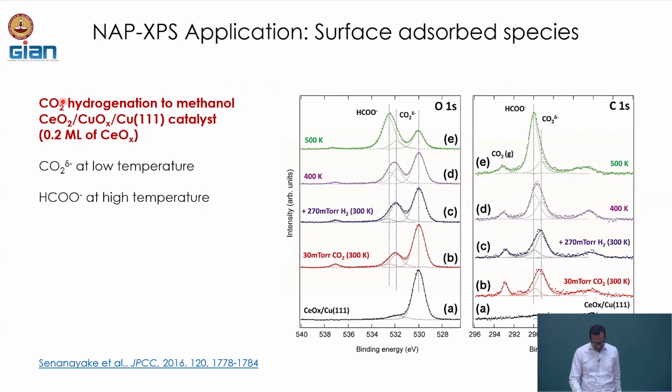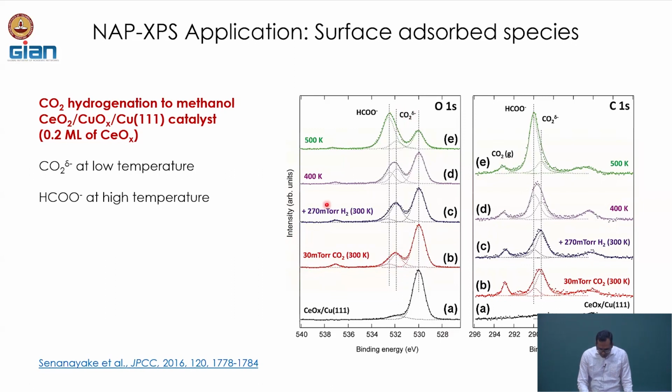And we are trying to see, under different environmental conditions, what are the most abundant surface species present on the sample under the conditions where we are running the NAP-XPS experiments. So we have the pristine sample, and then we exposed it to 30 milliliter of carbon dioxide at 300 Kelvin, and what we are seeing here is a peak corresponding to the adsorbed CO2 species.